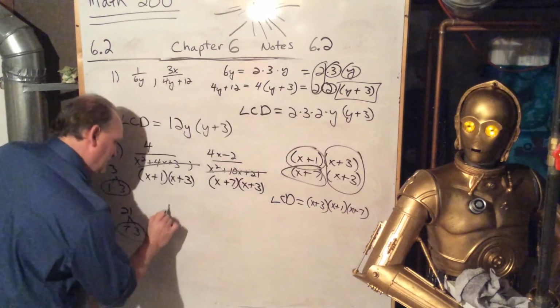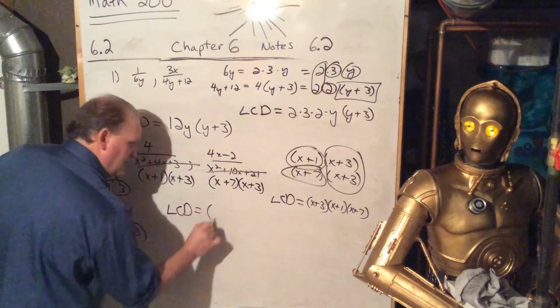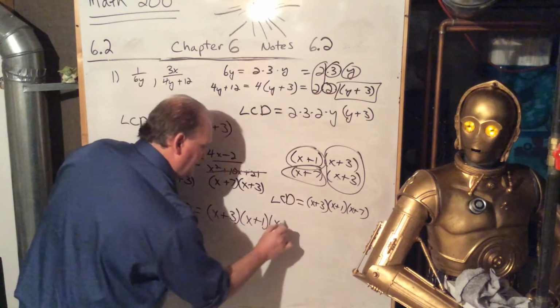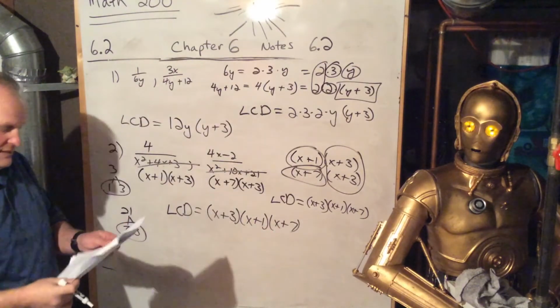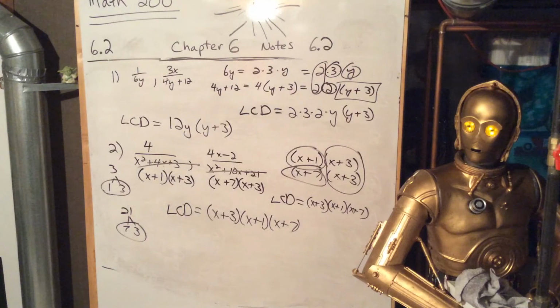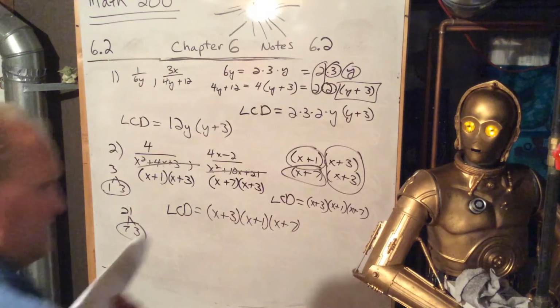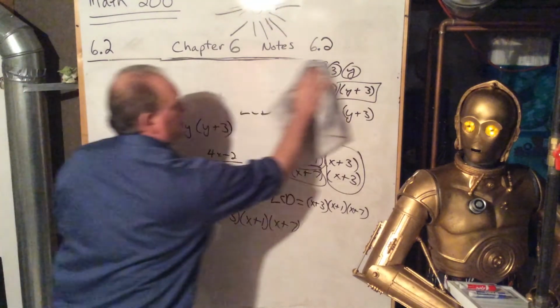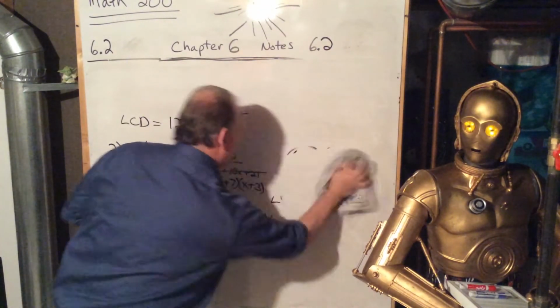So that is my LCD: x plus 3, x plus 1, x plus 7. All right. Then let's take a look at, okay, just want to make sure you could see it. You can. Let's take a look at the next couple of problems.